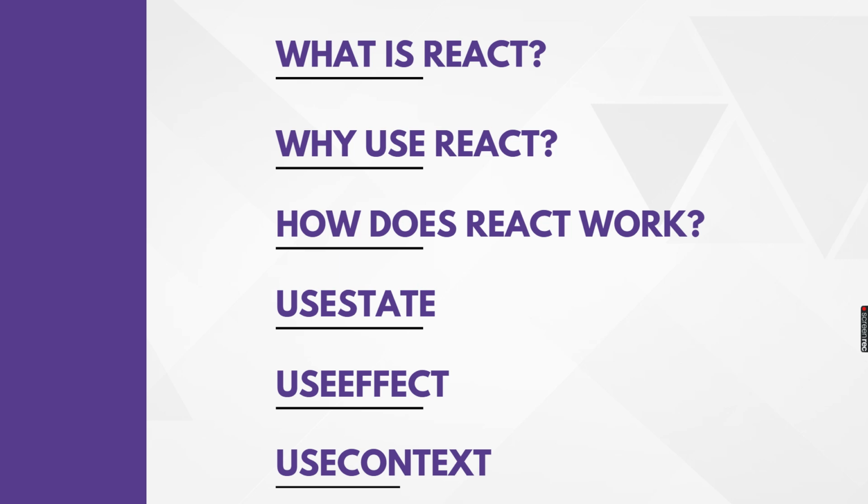So using useContext, we can fix this. useState is used to manage local state in functional components, useEffect is used to handle side effects like data fetching, timers, or subscriptions, and useContext is used to access context values and avoid prop drilling. So these are the main differences between useState, useEffect, and useContext.